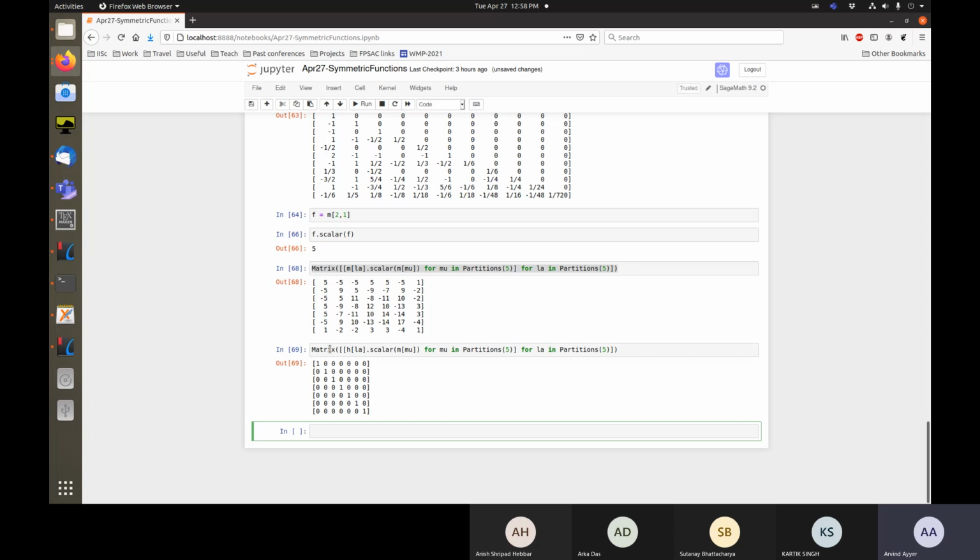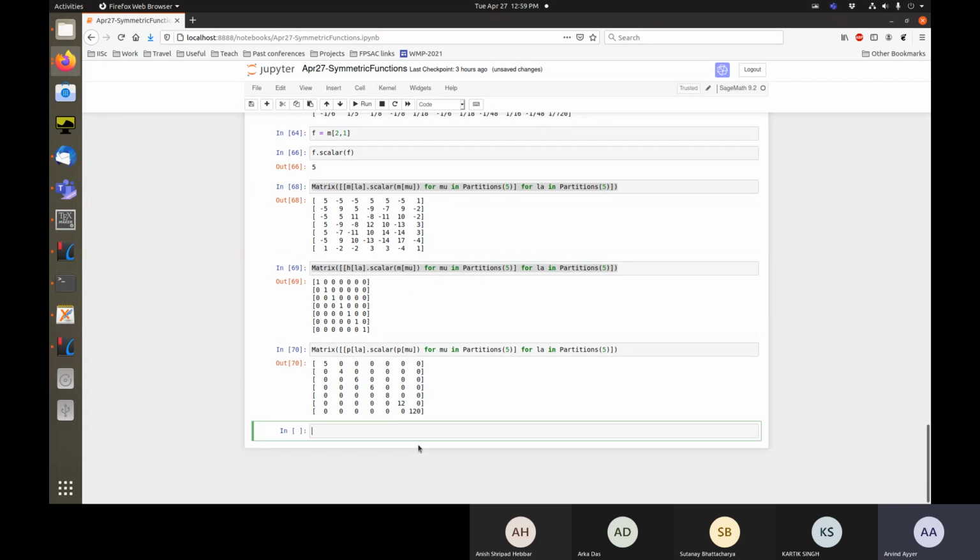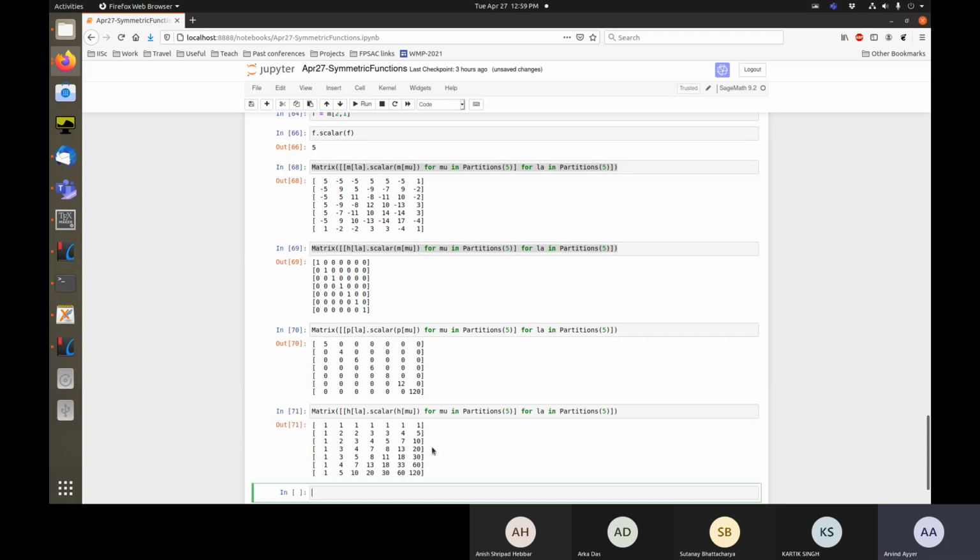One can do p lambda with p mu. So you see that this is orthogonal, but not orthonormal. And one more, h lambda with h mu, e lambda with e mu.